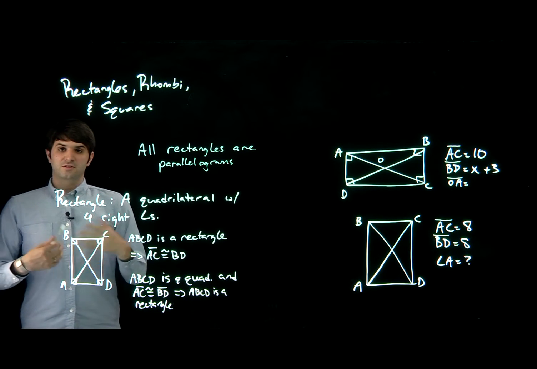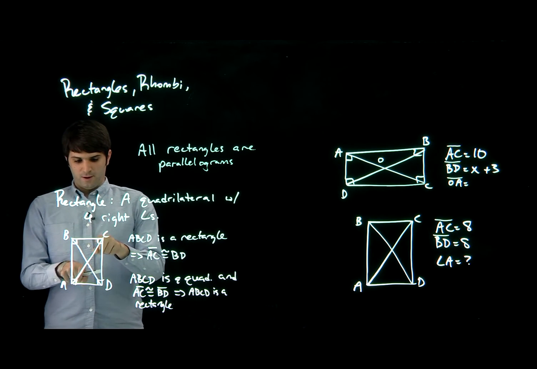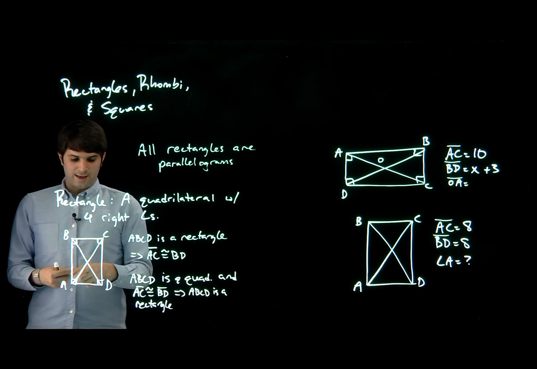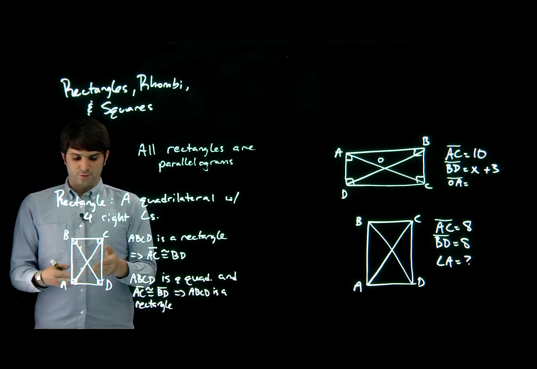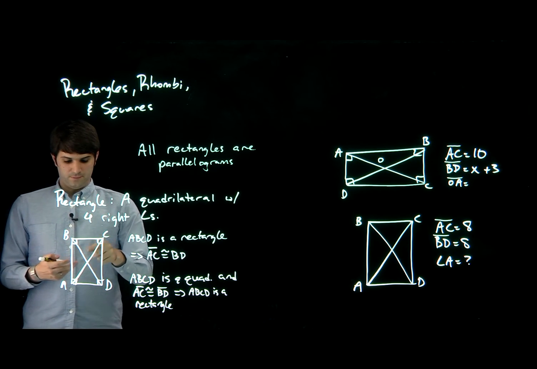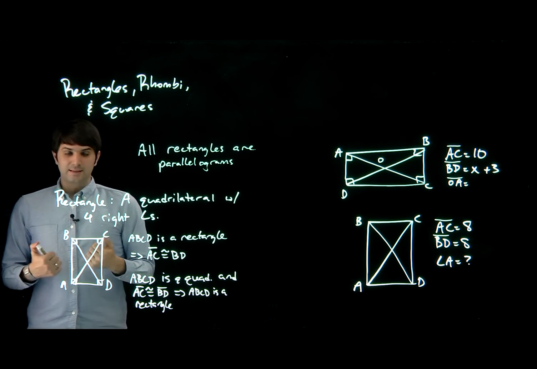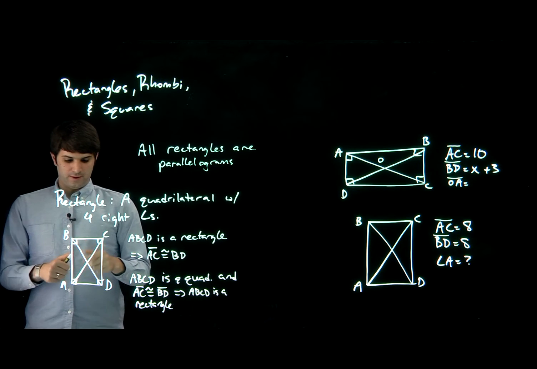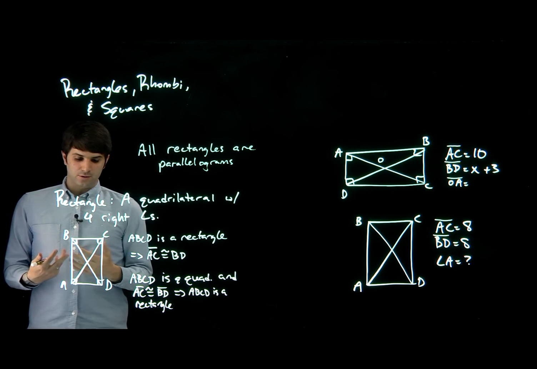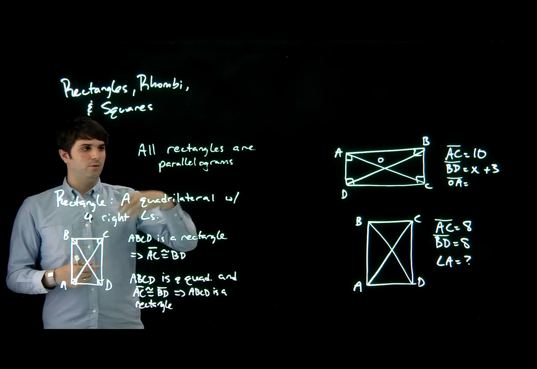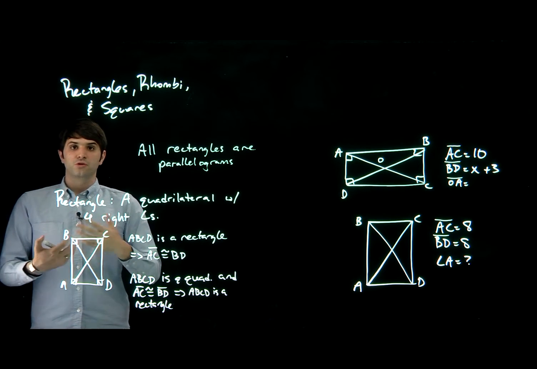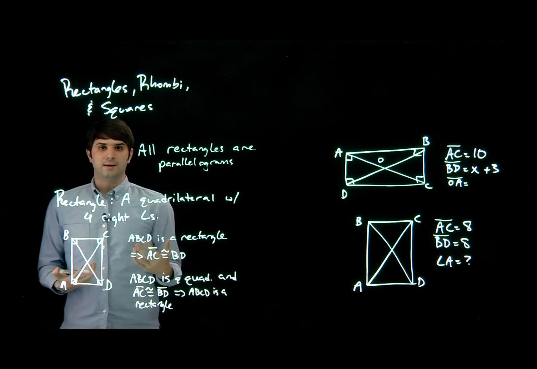The reason is that we have congruent triangles here, so angle CAD is congruent to angle BCA. If alternate interior angles are congruent, then the lines are parallel: BC is parallel to AD. So these are some different properties of rectangles.